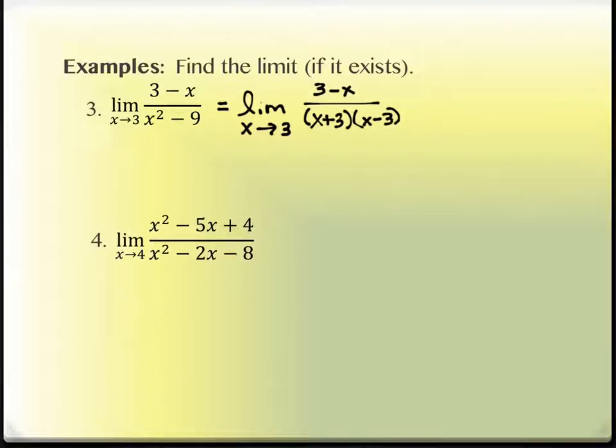Here's the deal. None of those factors are exactly alike, but 2 of them are almost alike. Can you tell me which 2 are the most similar? It's not the x plus 3. It's the other 2. How are these related? Any idea?